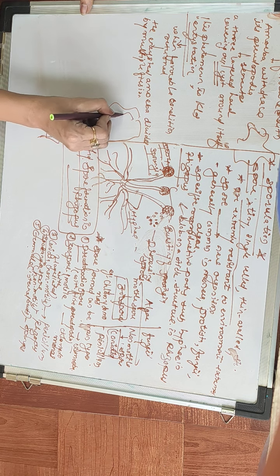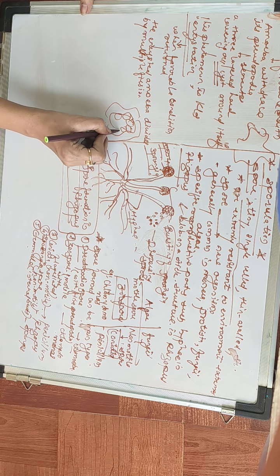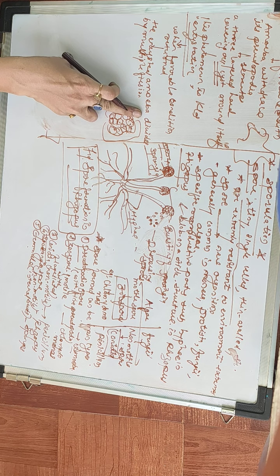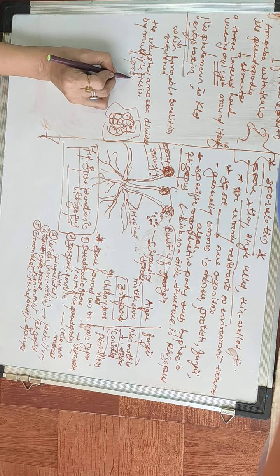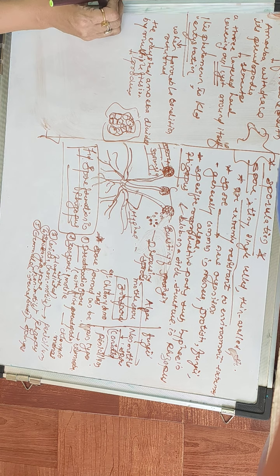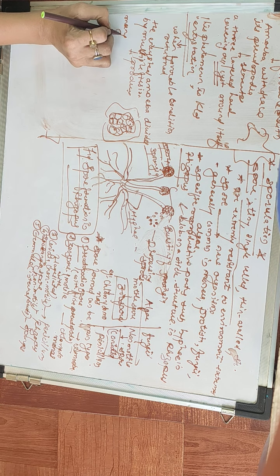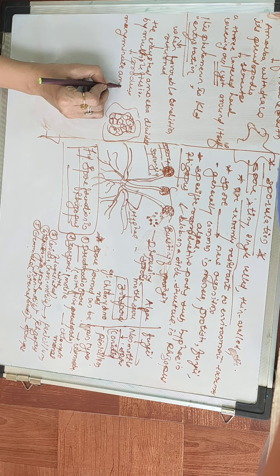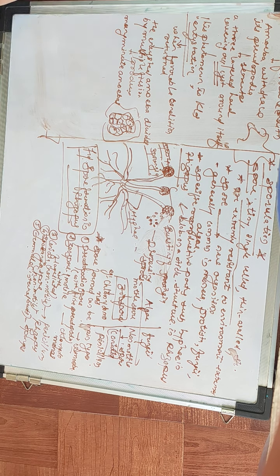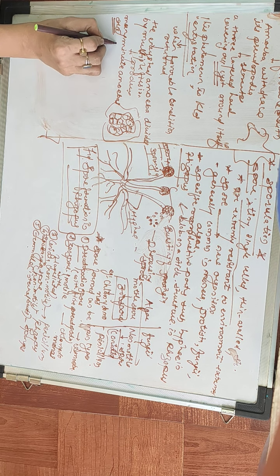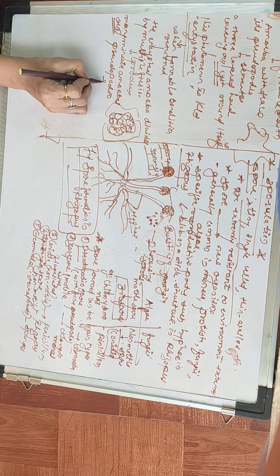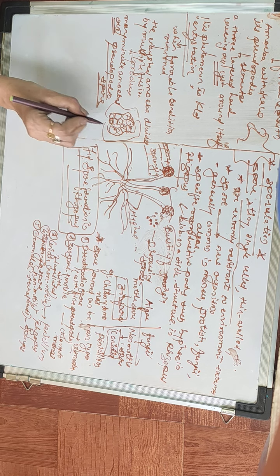You can see this structure. So this ancestral amoeba divides by multiple fission and produces many minute amoebae. This number of minute amoebae is also known as pseudopodiospores.